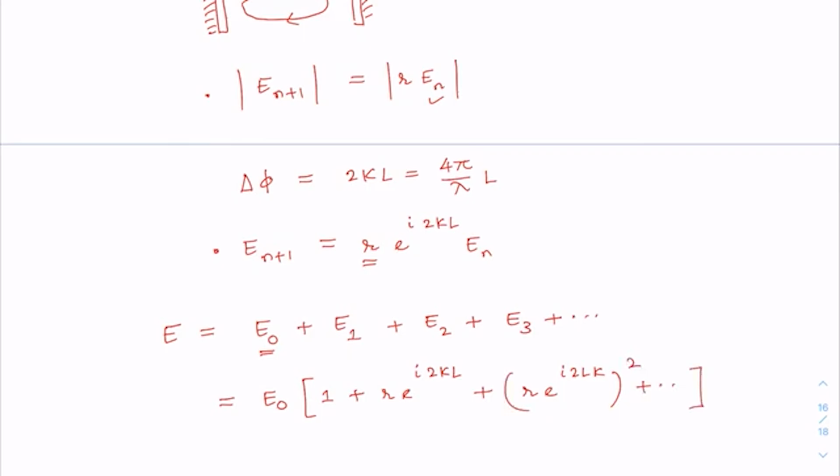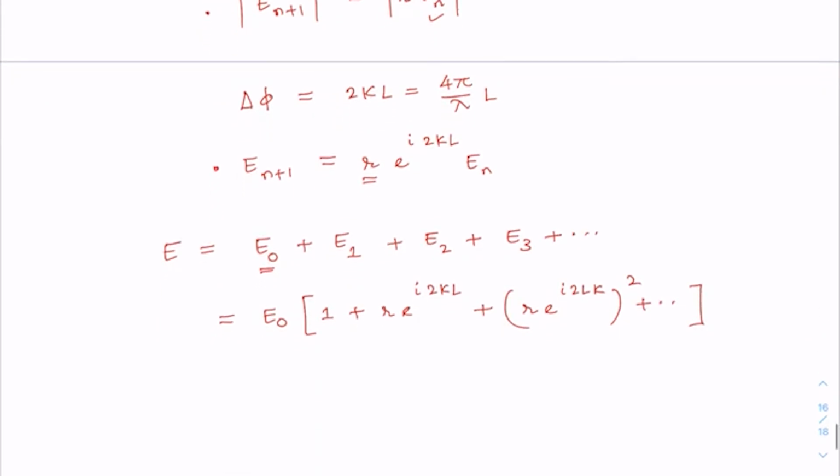You will get a geometric series, which is very simple to work out, and you will get E0 divided by 1 minus R e to the power twice ikL.